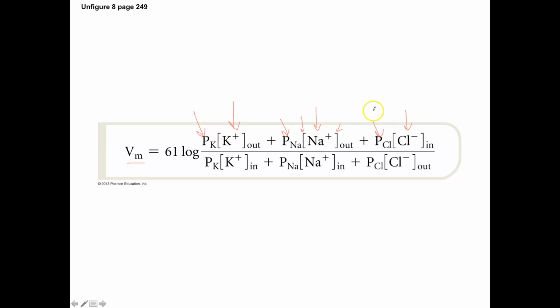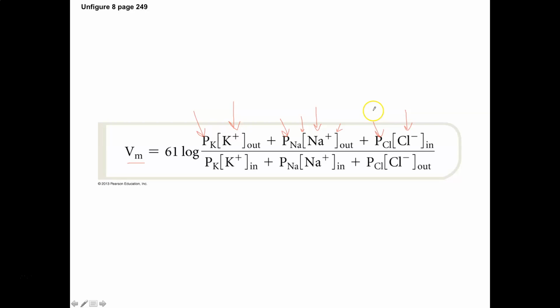And again, that goes back to how many channels does the membrane have for a particular ion. The more channels, the more permeable that ion will be. So the Goldman-Hodgkin equation can actually predict what the resting membrane potential would be by looking at multiple ions at a time. The Nernst equation only looks at one ion at a time.